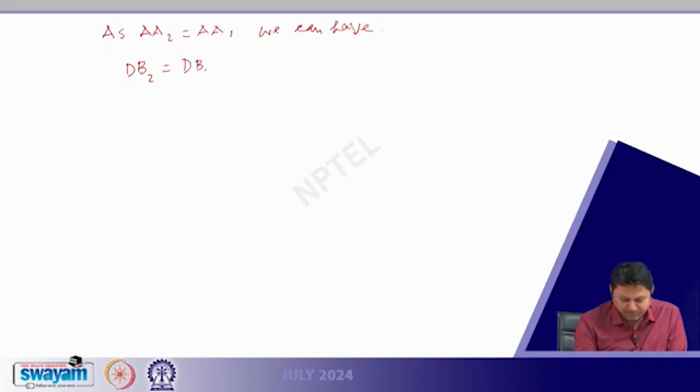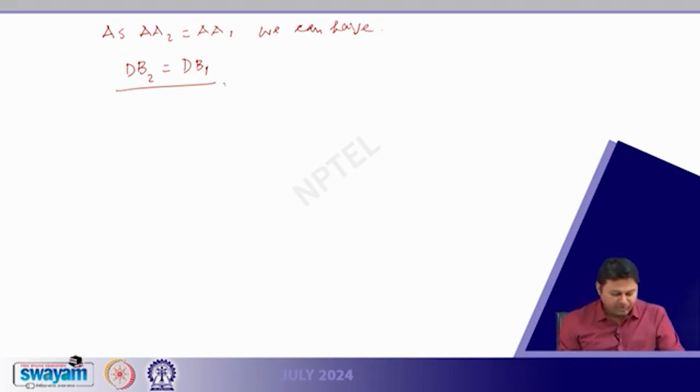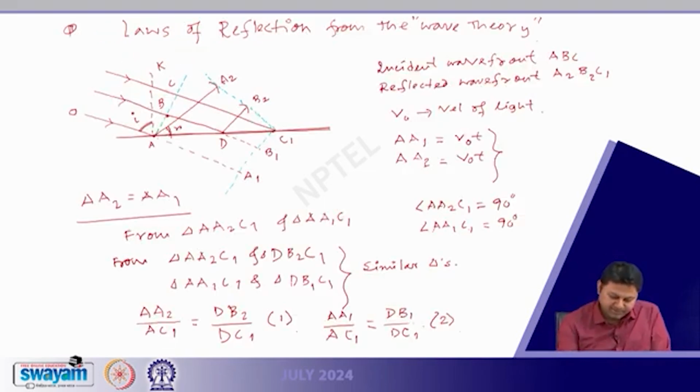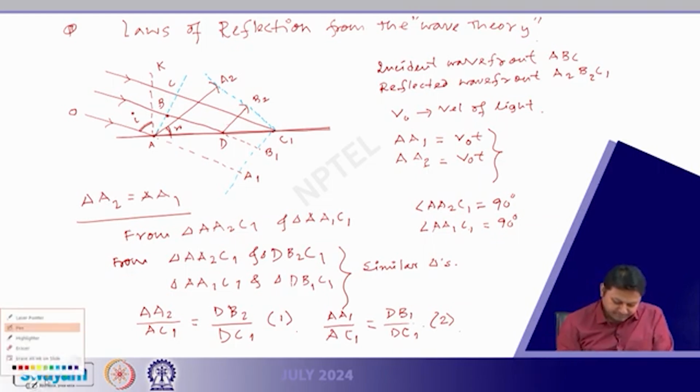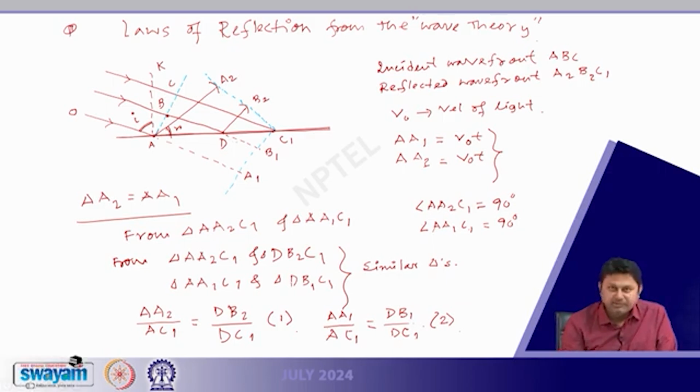What is the meaning of that? The meaning is, D B1 is this, and D B2 is this.